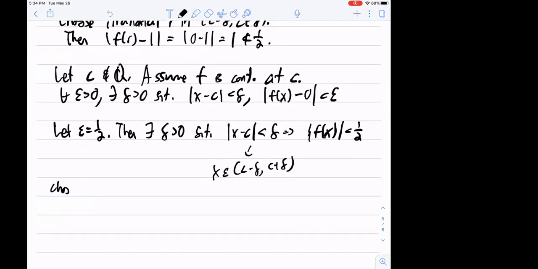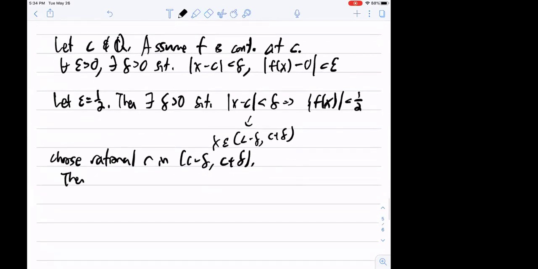So you choose a rational R in (c minus delta, c plus delta), then f of R equals 1, which is not less than a half. Is everyone good on this?